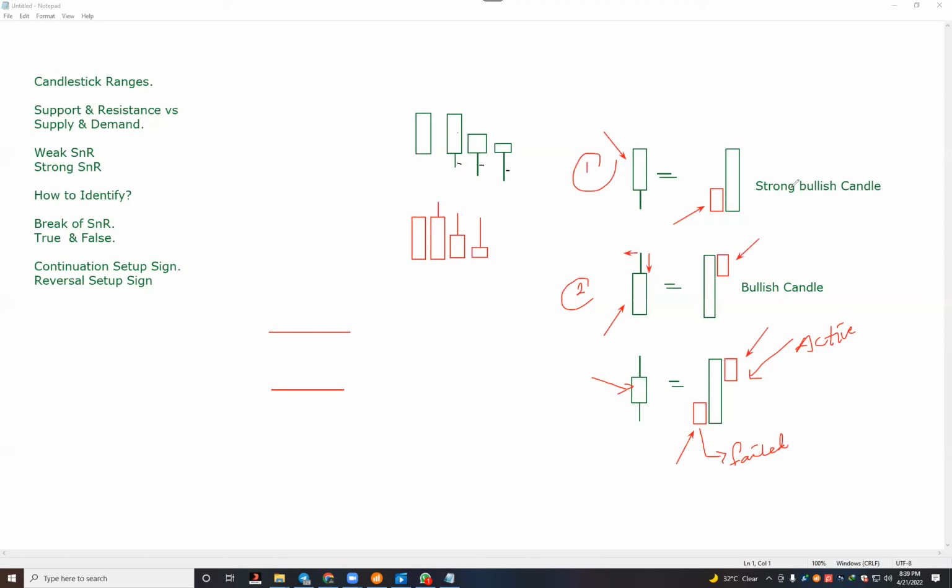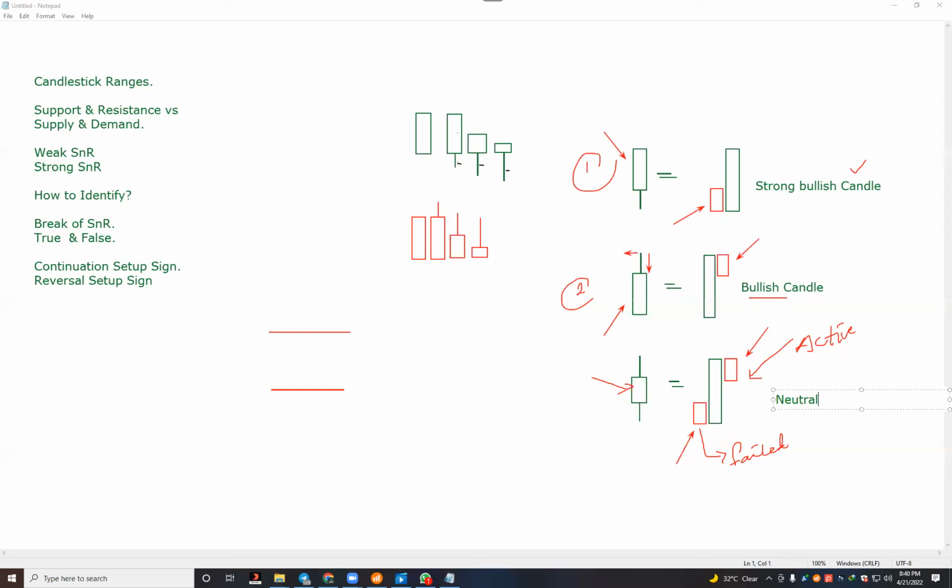It means if this candle is a strong bullish because the sellers failed, and if this candle where sellers are active is called the bullish candle, then what will this candle be, where the sellers failed and again sellers are active? So we will say it's a neutral.